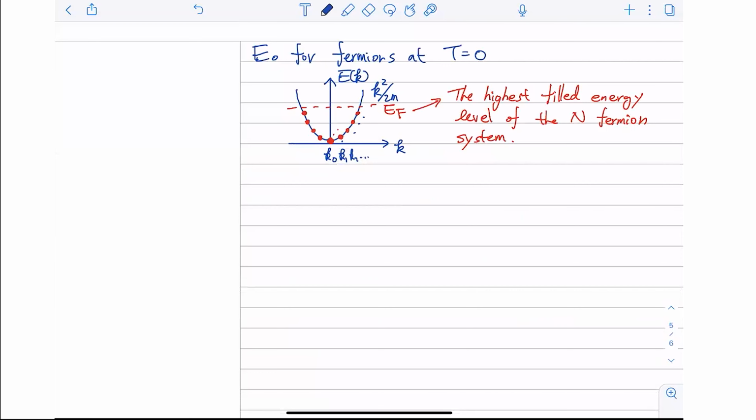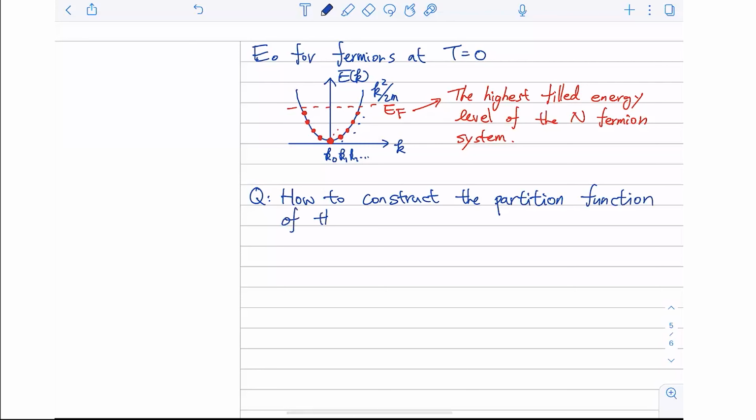We are now trying to ask how to construct the corresponding partition function of the quantum many-particle system that we are interested in. So here is the question we are posing.